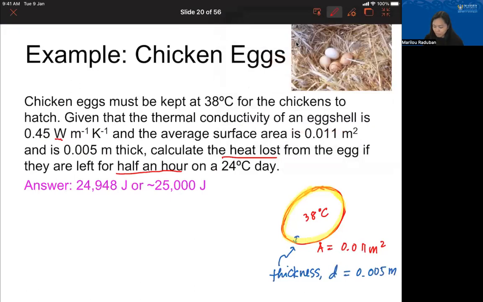And then the outside temperature is 24. So outside of the egg, you have 24 degrees Celsius, the temperature of the egg's environment.